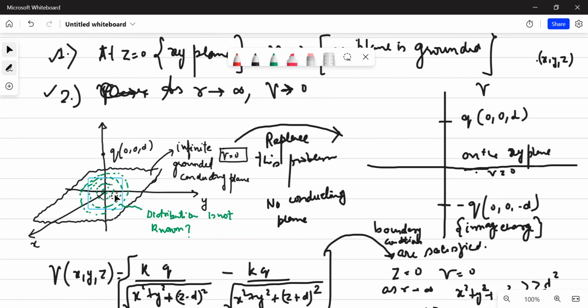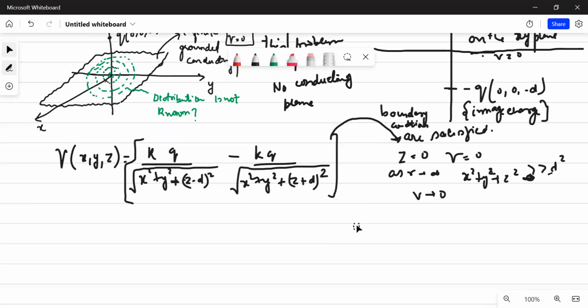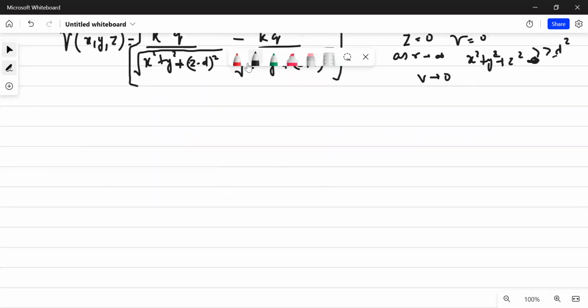We don't know what the distribution is like, so how will we determine the force on charge q? So I said to replace this problem by an equivalent problem. This is an easy problem because it contains only 2 point charges, almost like a standard problem. So one needs to first find the induced surface charge distribution.